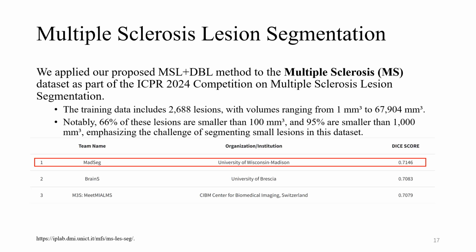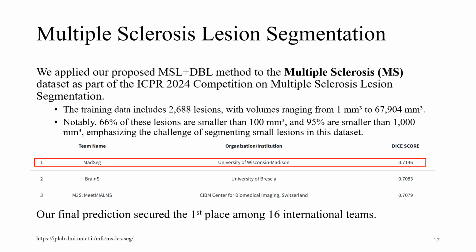Our preliminary results indicate that the method maintains the performance improvement observed in the stroke dataset, showcasing its versatility and robustness across different medical imaging contexts. Notably, our approach achieved first place among 16 international teams in the competition, underscoring its effectiveness in addressing the complexities of MS lesion segmentation.